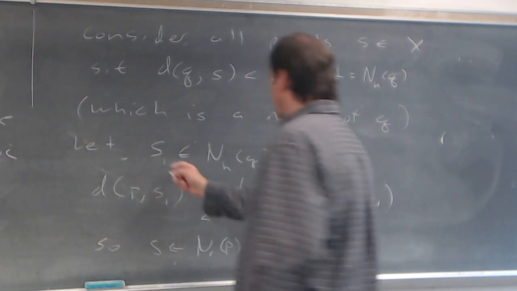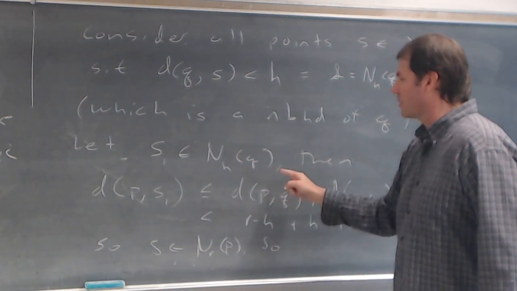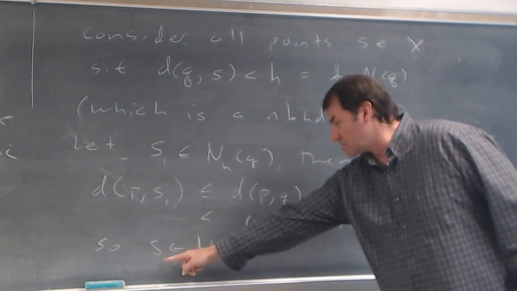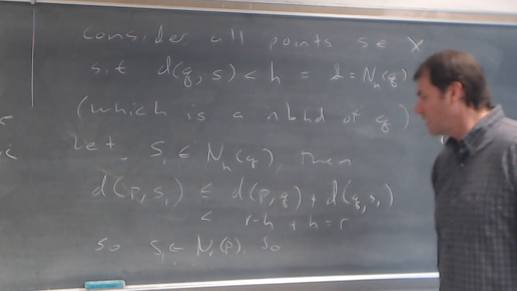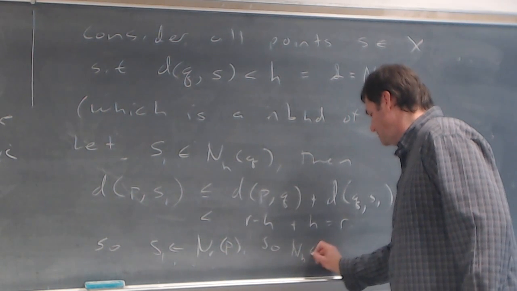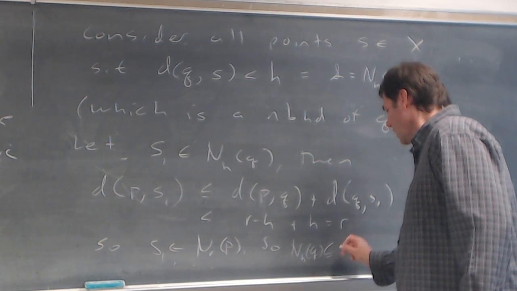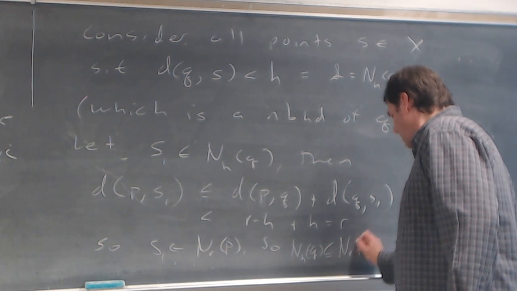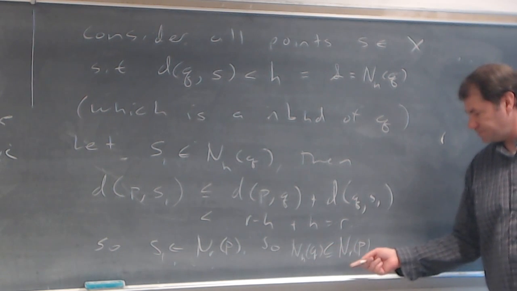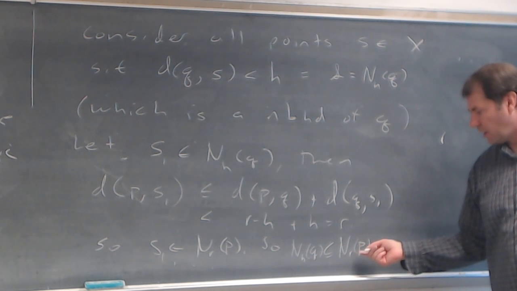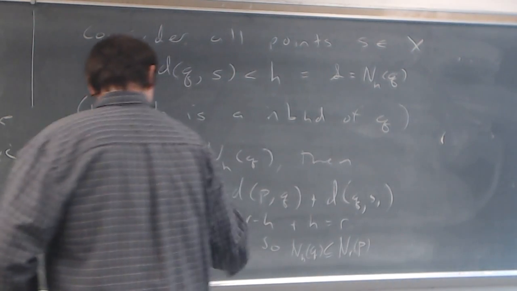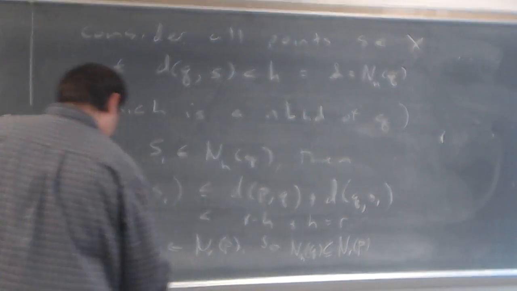And so what we've shown is that you give me any arbitrary point in the neighborhood of radius H about Q, then it is a point in the neighborhood of radius R about P. So that means this neighborhood is contained in the neighborhood of radius R about P. And so what we've produced is a neighborhood of Q contained in this other set.